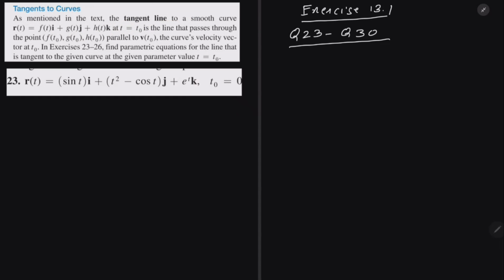One thing we should understand is that if we have a curve, then any point can be located for some value of t.